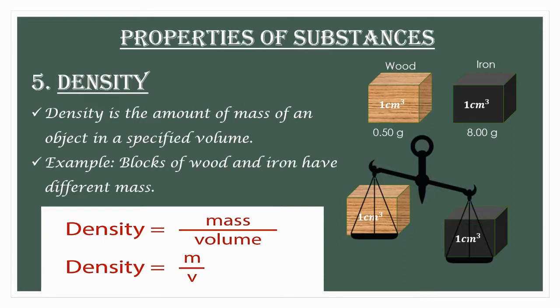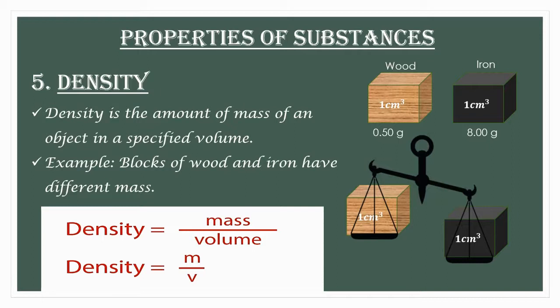So this difference is because of the difference in their densities. Now between substances of the same volume, the ones with greater density are heavier than those of lesser density. So students, we can see that the iron block has greater density.